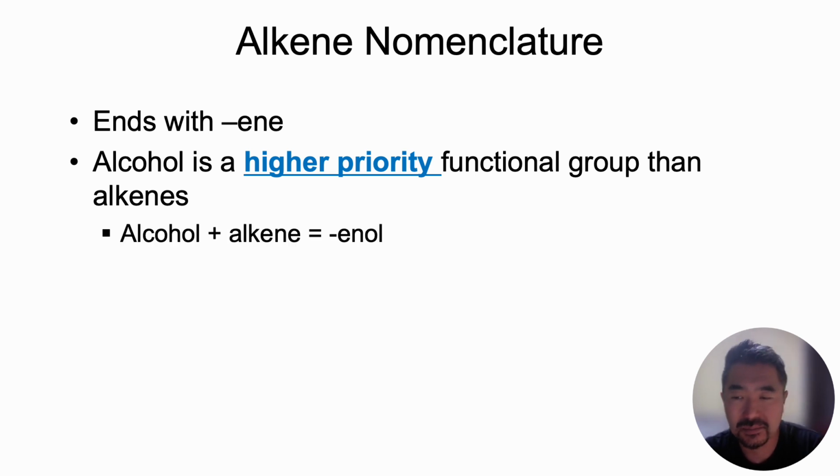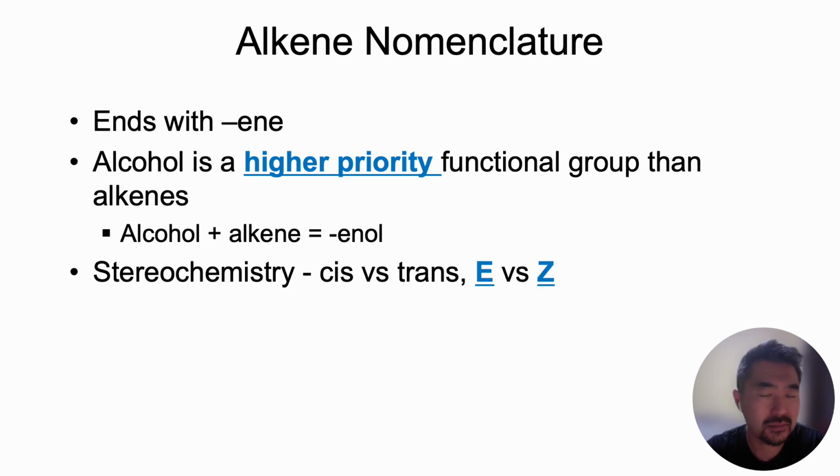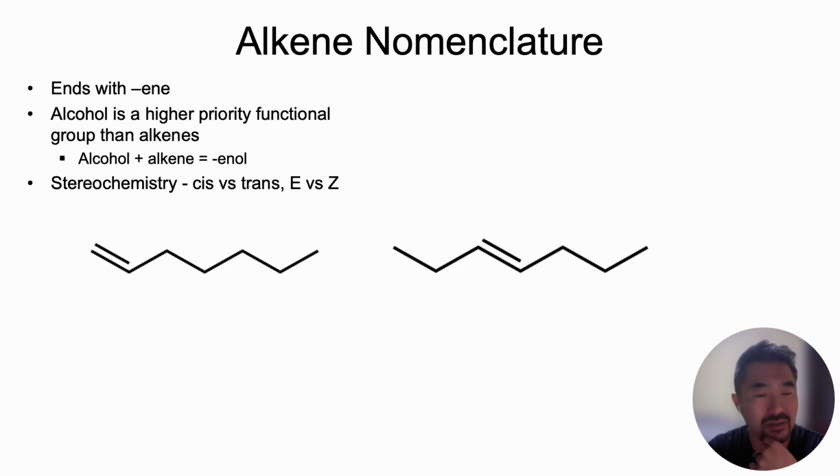And alcohols, so you might see an example where in the same molecule you see alcohol and alkene at the same time, and that would end with "enol". The other thing that's new and important is that there's a stereochemical implication here: cis versus trans and E versus Z, which we'll get into. So that's kind of the overview.